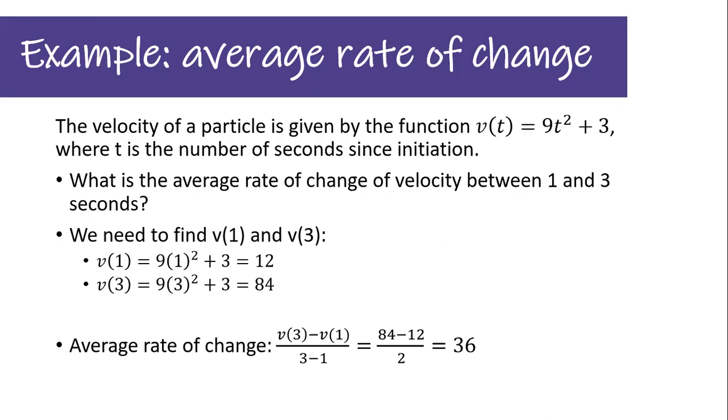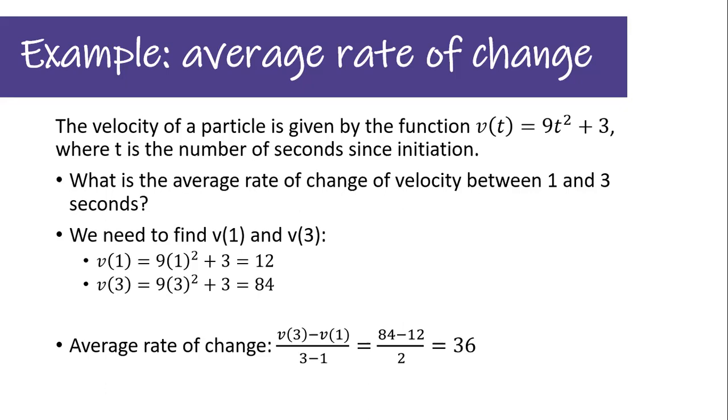So we know t equals 1 and t equals 3, but now we need to find their v of t values at those t values. So v of 1, plugging into the original, is going to give us 12, and v of 3 is going to give us 84. So when t equals 1, y equals 12, and when t equals 3, y equals 84.